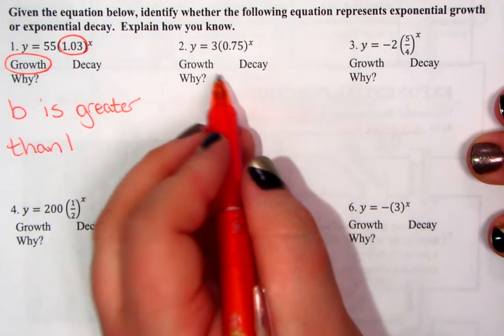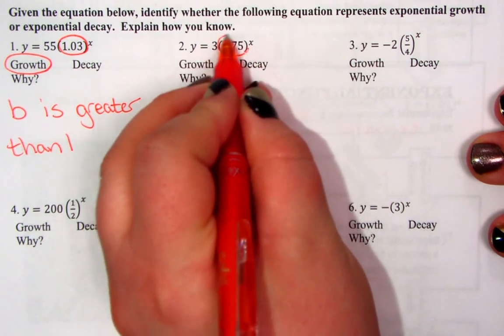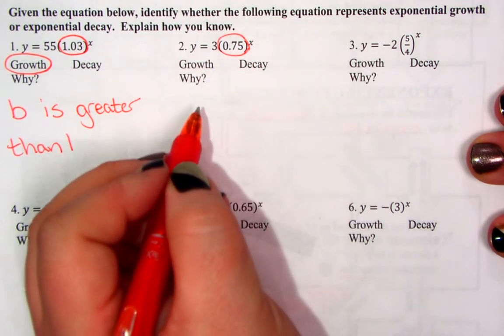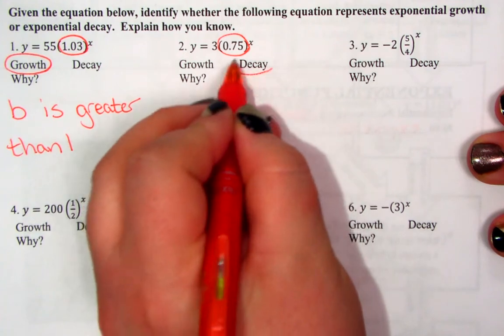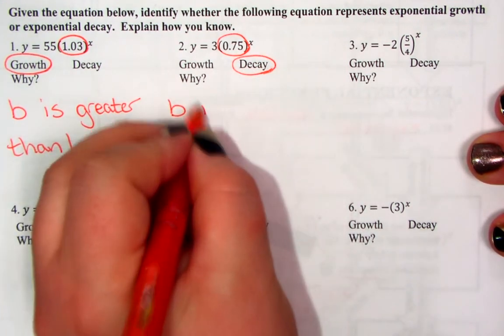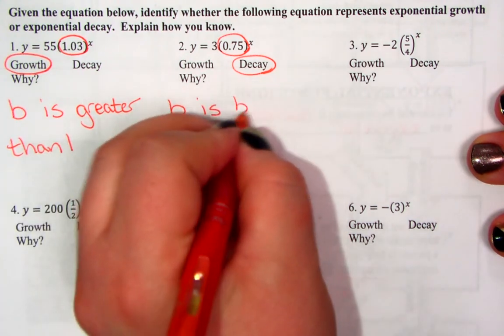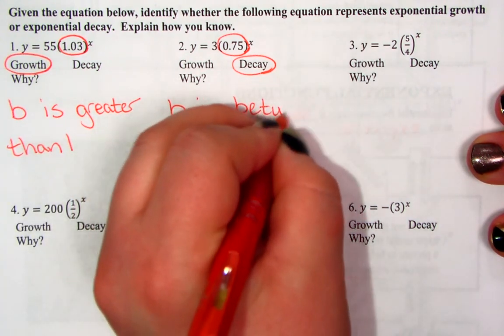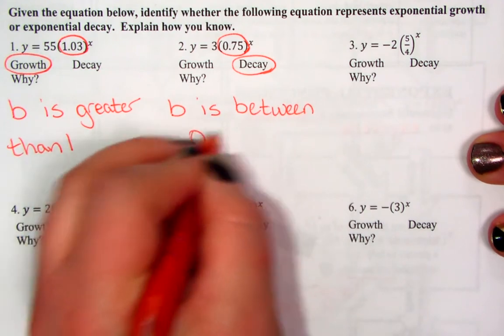For the next one, b in this case would be 0.75. That's between 0 and 1, which makes it decay. And the reason? The b is between 0 and 1.